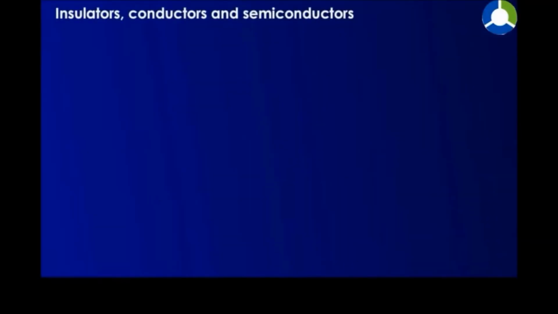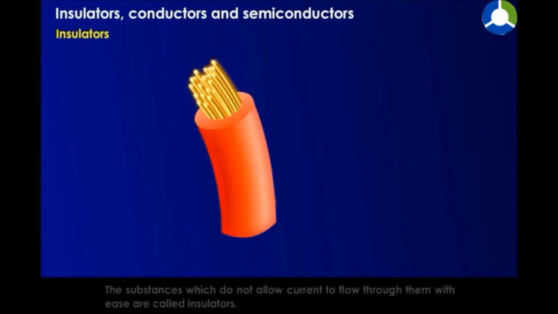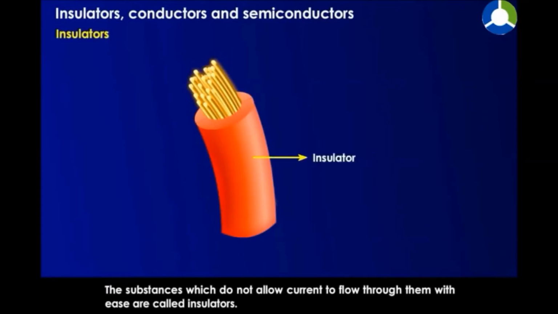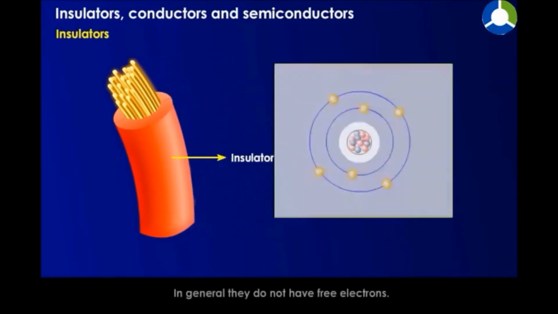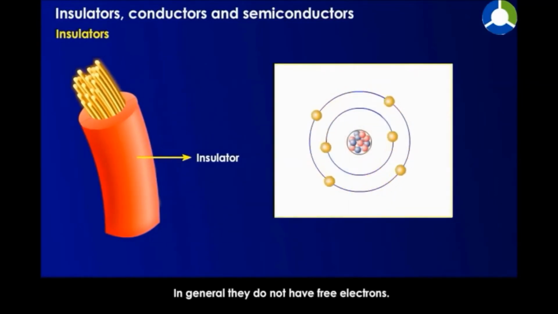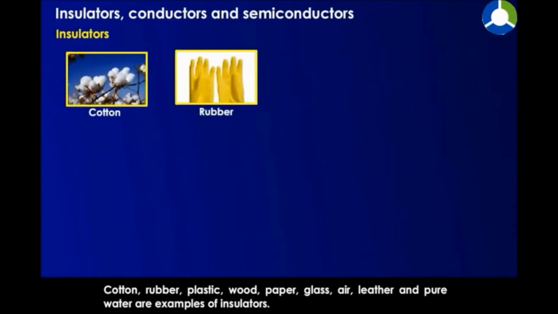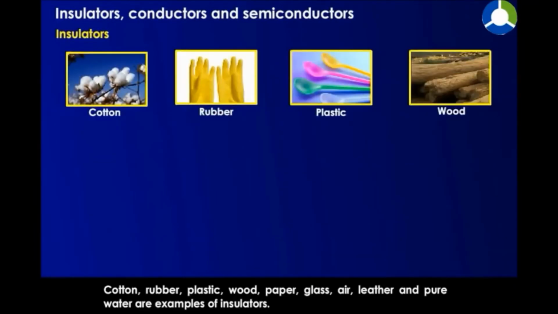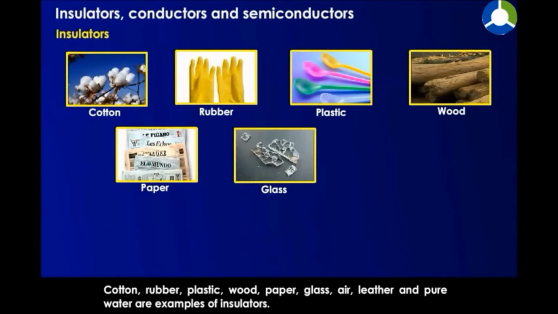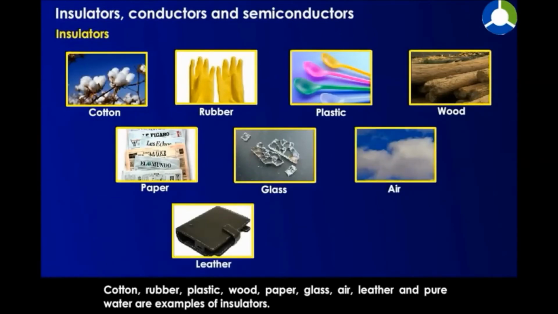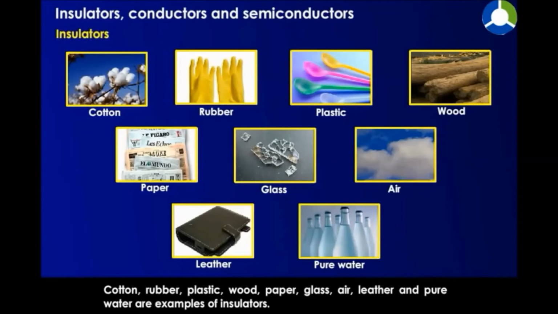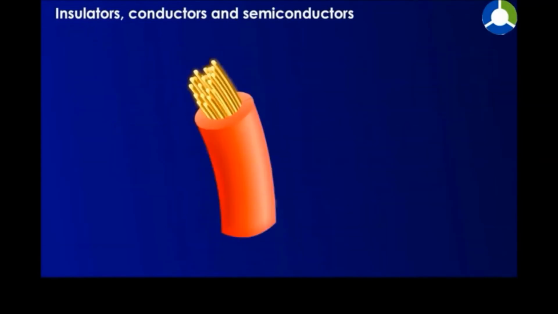Insulators, conductors and semiconductors. Insulators: the substances which do not allow current to flow through them with ease are called insulators. In general, they do not have free electrons. Cotton, rubber, plastic, wood, paper, glass, air, leather and pure water are examples of insulators.